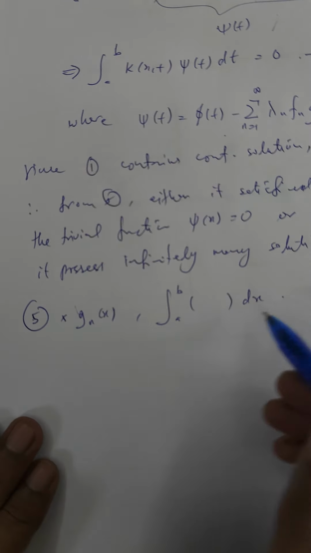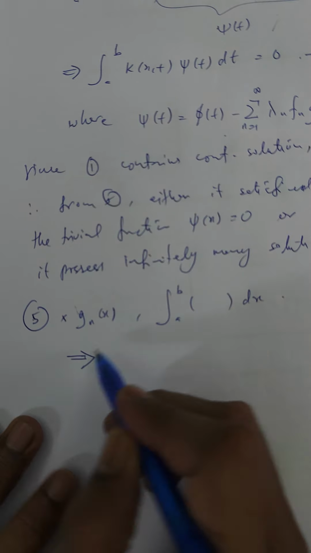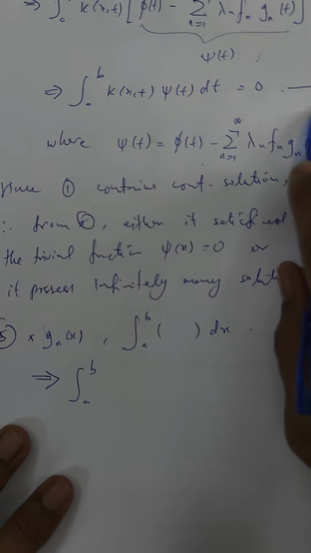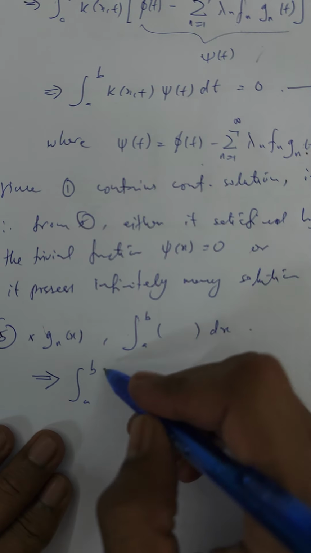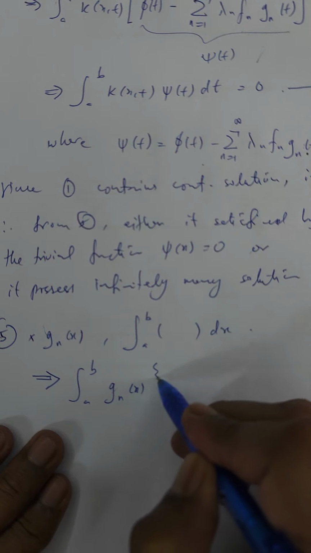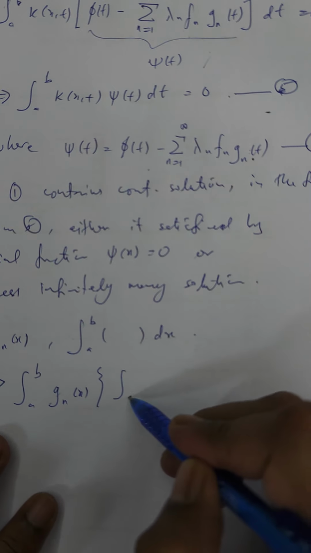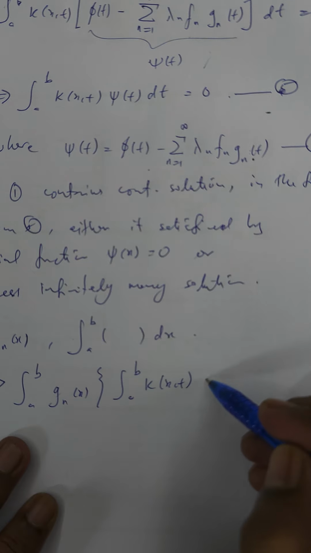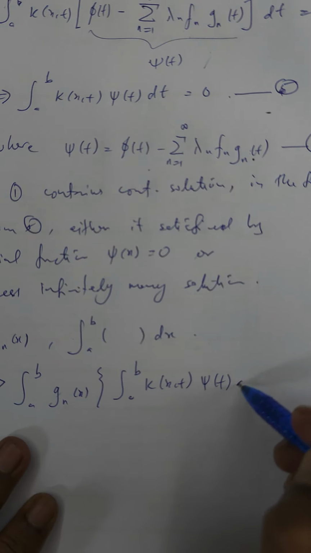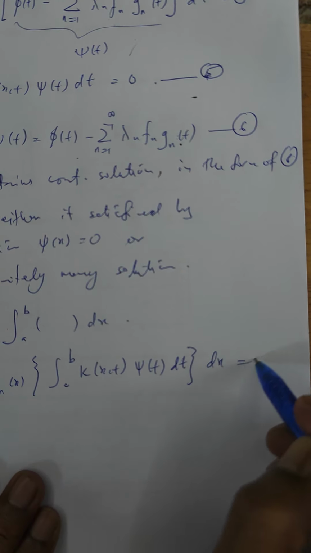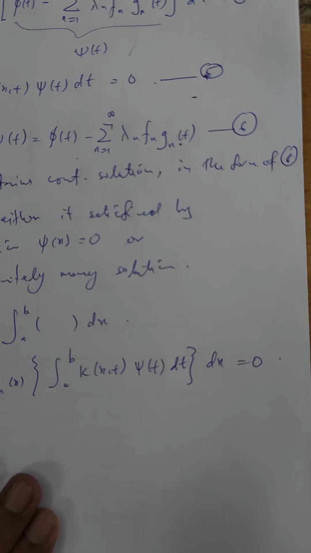So what we have, integrate a to b, from 5 here, we have g n x, and then we integrate a to b k x t phi t dt dx, that gives you 0.